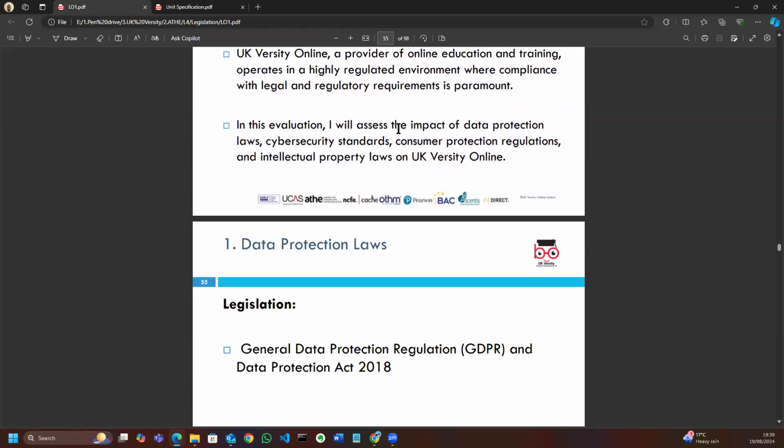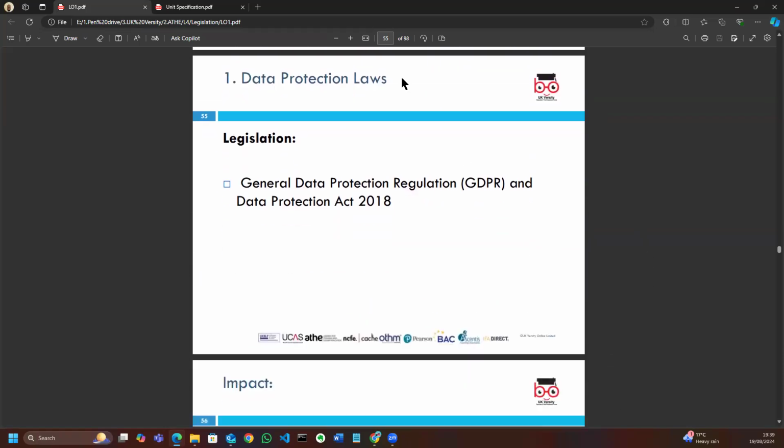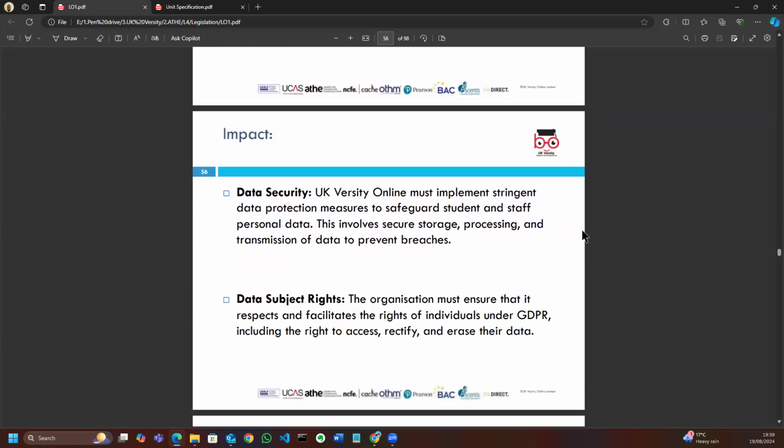In this evaluation, we will assess the impact of data protection laws, cybersecurity standards, consumer protection regulation, and intellectual property laws on UK Versity Online. So we have data protection laws, where we look into legislation such as the General Data Protection Regulation, GDPR, and data protection.